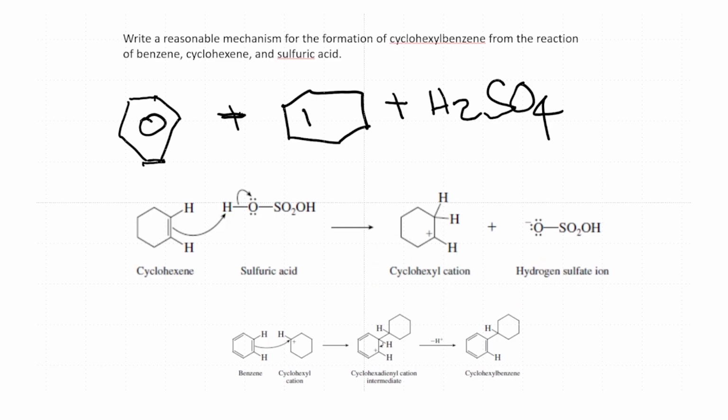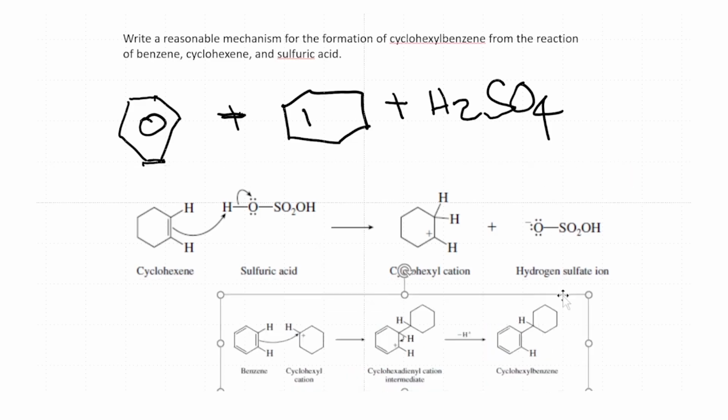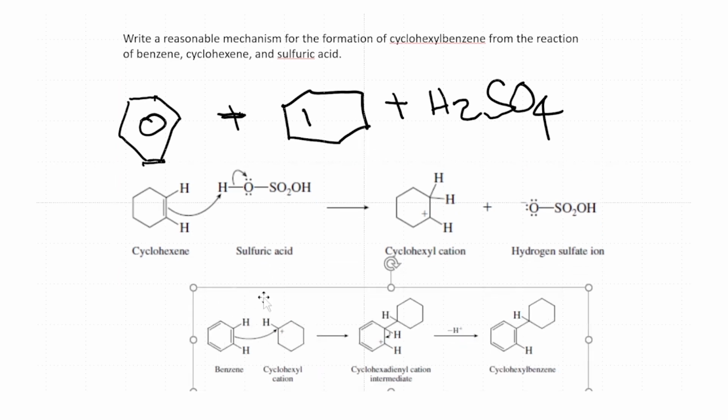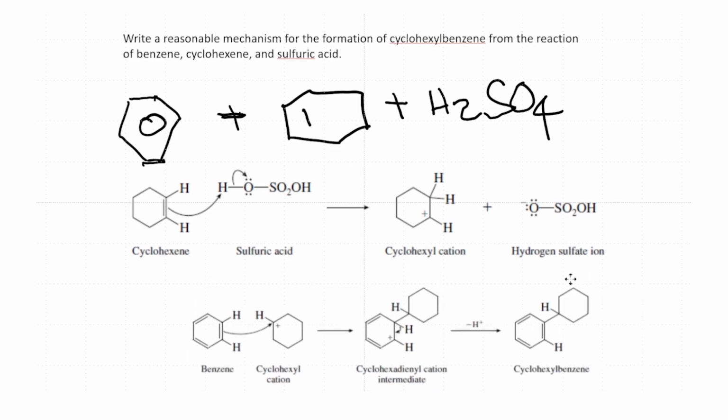From many examples we have already looked at, we know that the cyclohexyl cation can react with benzene, and an electrophilic aromatic substitution can occur, and the product that is formed is cyclohexyl benzene.